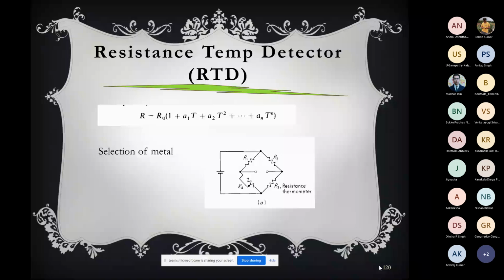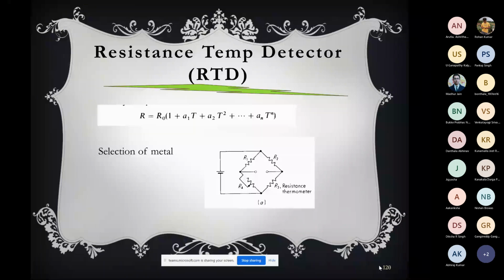If you see that R0, the resistance at 0 degrees centigrade, or A1 or A2 becomes a function of time, or a function of repeated heating and cooling, then this material cannot be used as a sensor material, because it loses the property.